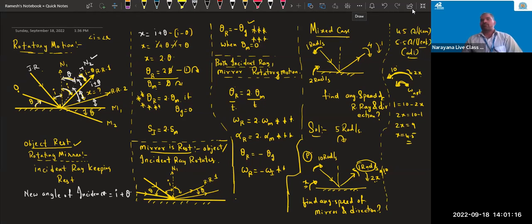Clear or not? I got a positive answer, which means my assumption is correct. If the mirror rotates clockwise with 4.5, definitely the reflected ray will also go at 1 radian per second.